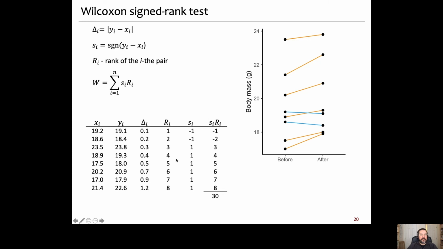It goes from 1 to 8. This is the sign. Where data go down, the sign is -1. In other cases, it's +1. And this is the contribution to the total statistic, S_i times R_i. The sum is 30. The purpose of ranking is that pairs with the largest change, like this one here, have more contribution to the test statistic than pairs with small change, like there.